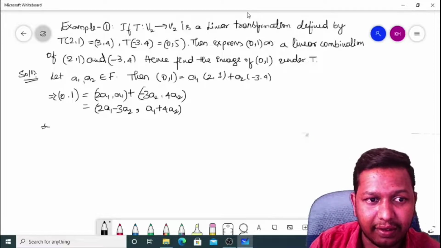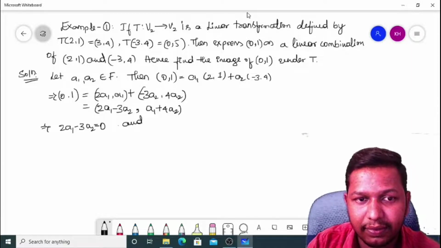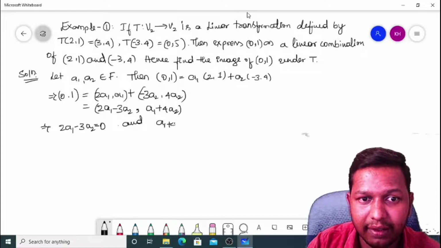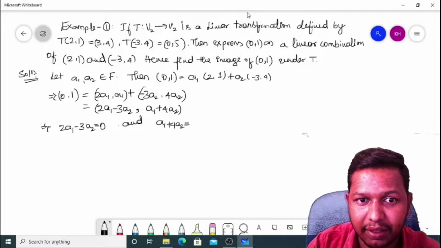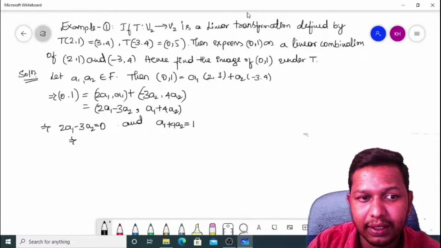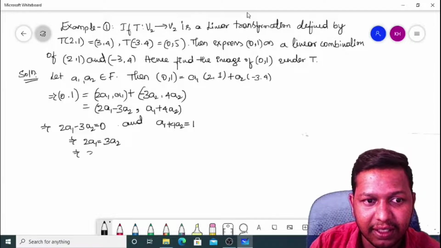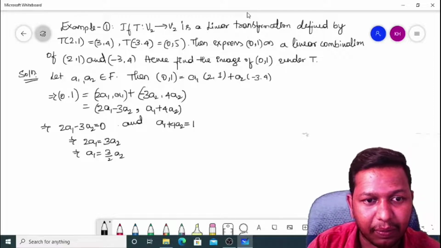Compare the coordinates. We have 2a1 - 3a2 is equal to 0 and a1 + 4a2 is equal to 1, which implies that 2a1 is equal to 3a2, so a1 is equal to 3/2 a2.